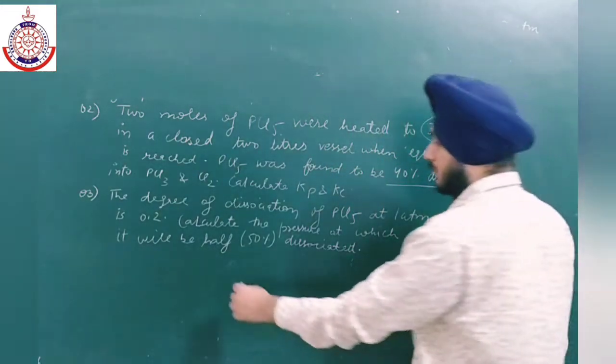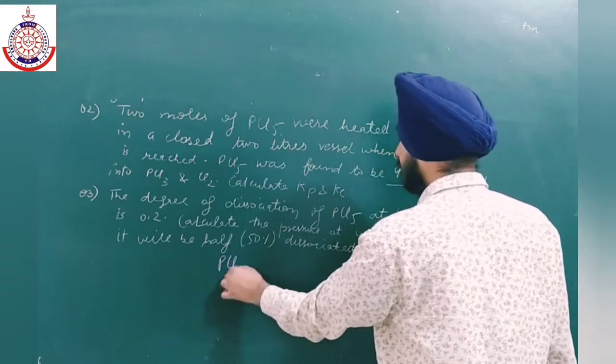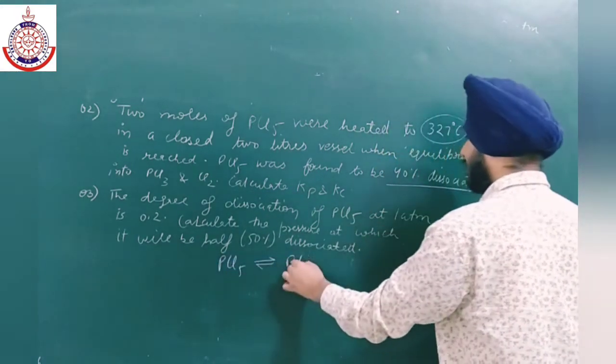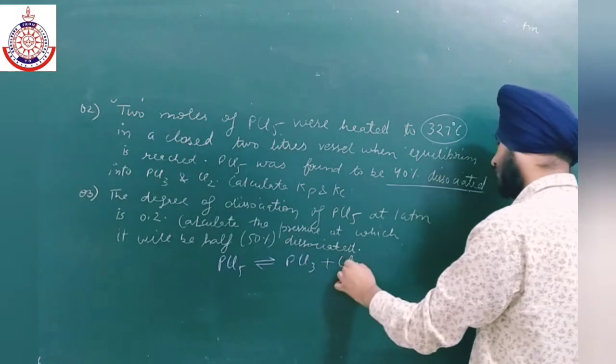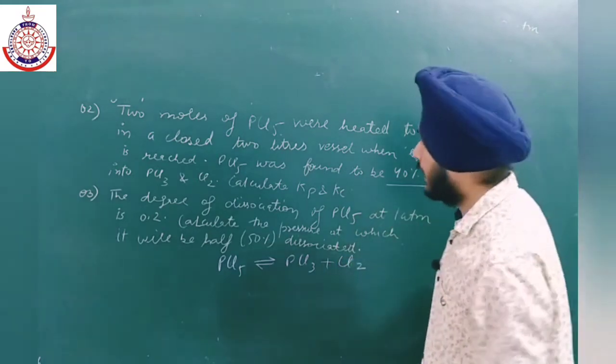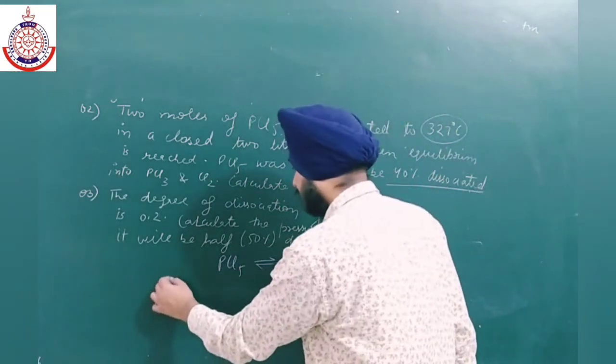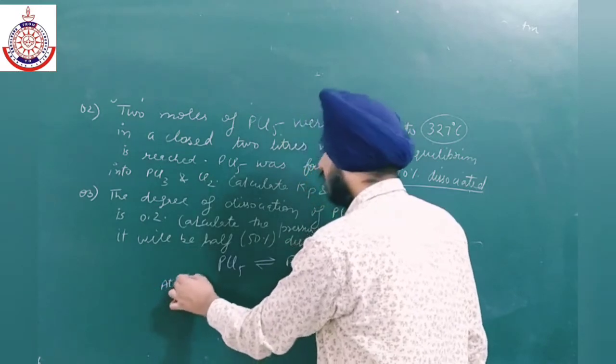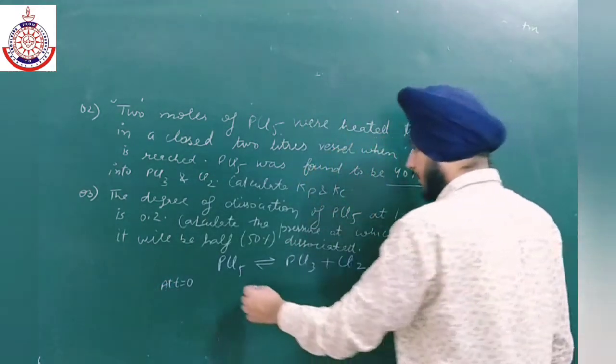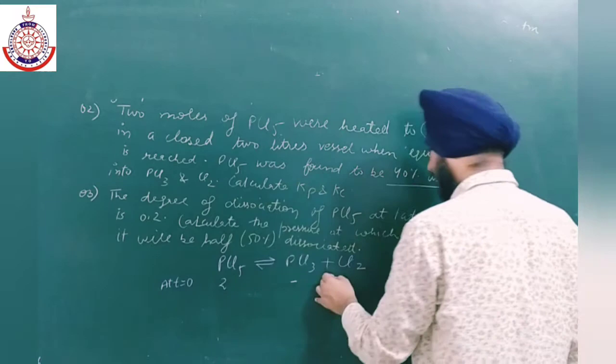PCl5 gives PCl3 plus Cl2. At T equal to 0, we have 2 moles, and here we have 0.